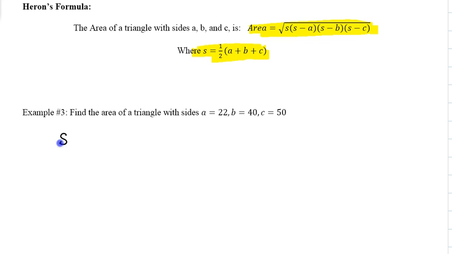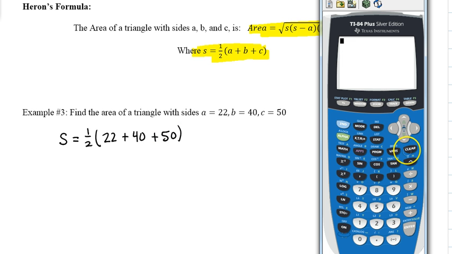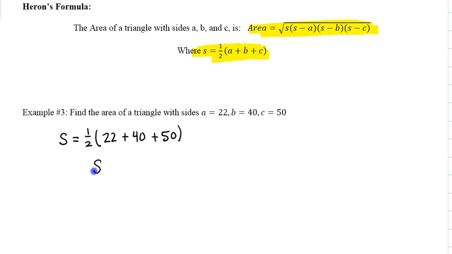So first I need to find s. So 1/2 times a plus b plus c. So a is 22 plus 40 plus 50. And I'm going to guess we're not doing that in our head. So 1/2 times 22 plus 40 plus 50 gives me 56. So s equals 56.